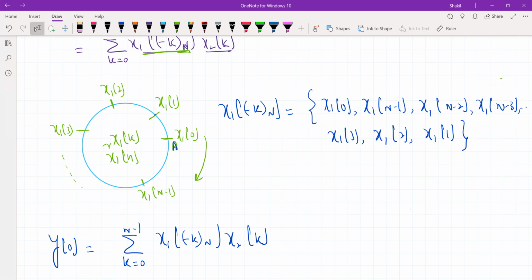What you have to do is multiply this with the corresponding terms. The corresponding values are x2 of 0, x2 of 1, x2 of 2, and so on up to x2 of N minus 1.